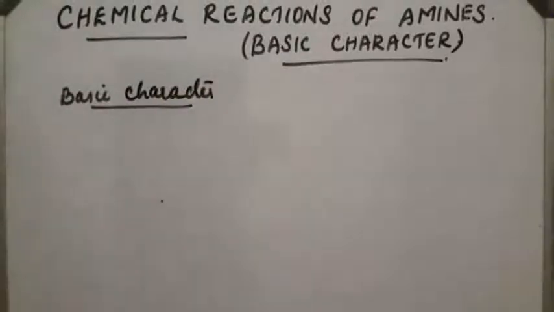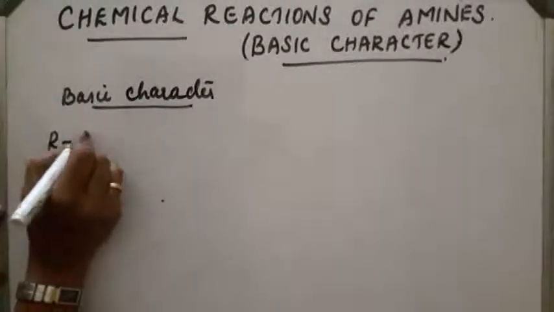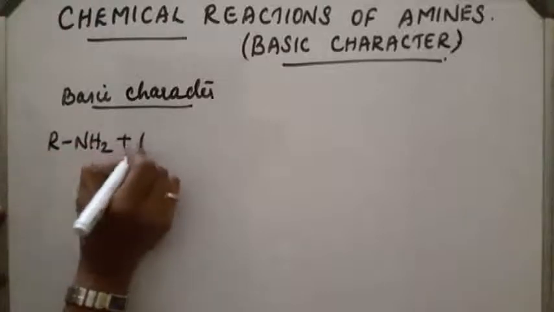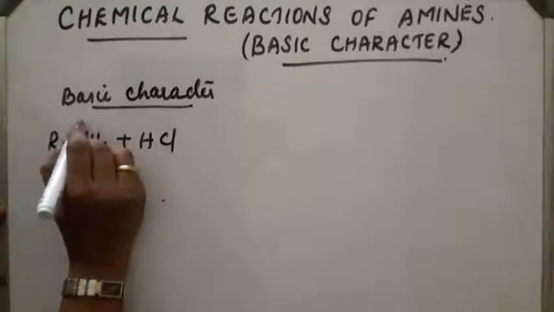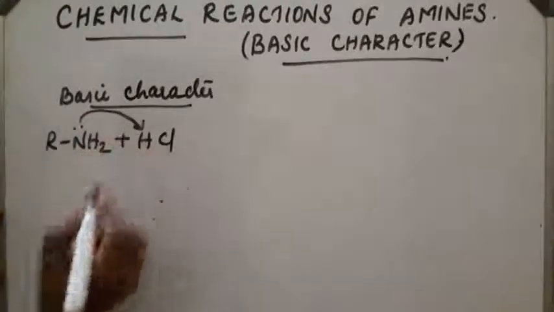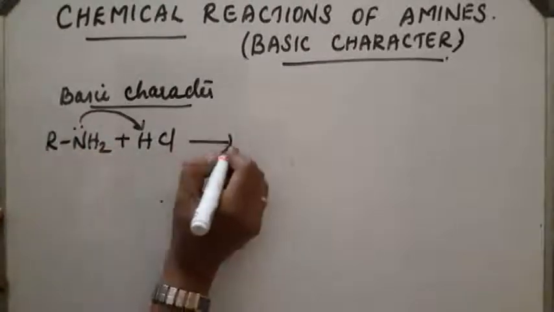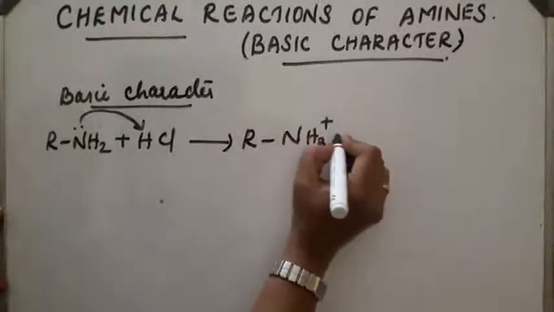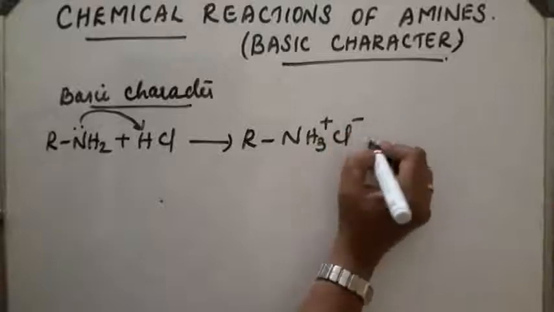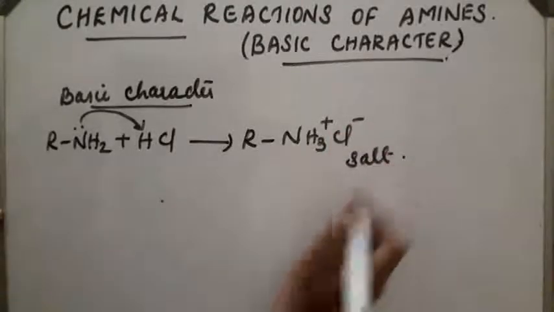So amines, RNH2, plus H plus, HCl acid, a Lewis acid. They can share their electron pair with hydrogen and the compound obtained will be RNH3+ Cl-. This is a salt.